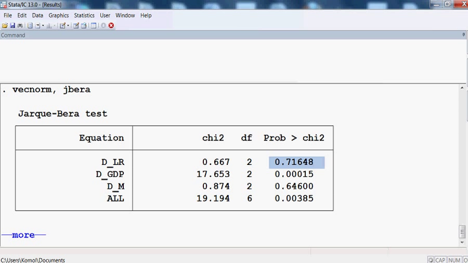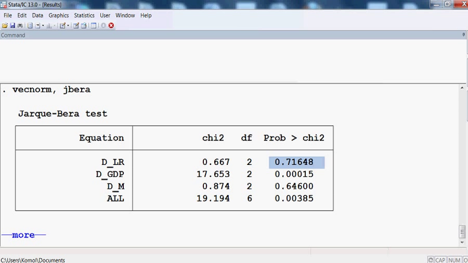71.64%, the p-value. And what is our null hypothesis? The null hypothesis is the residuals are normally distributed, and that is desirable. And here the p-value is more than 5%, right?